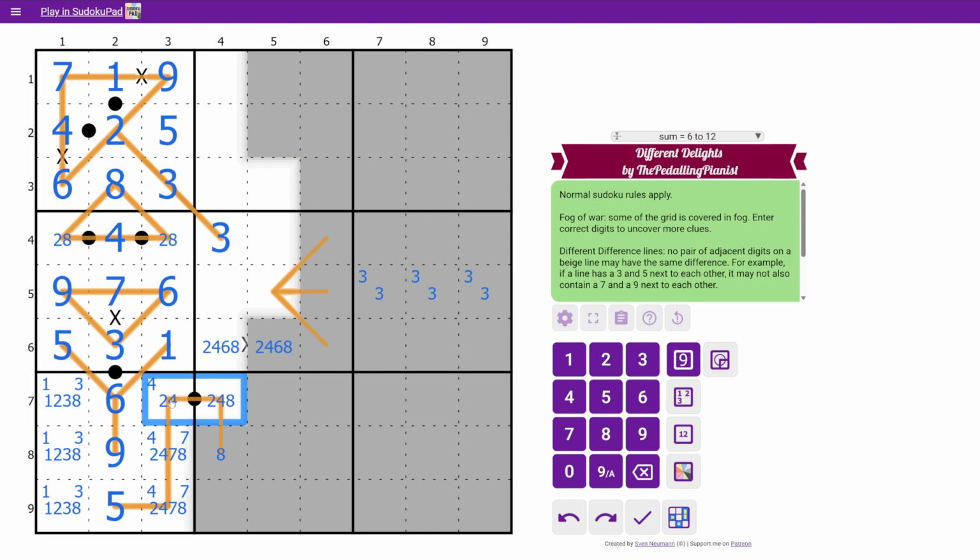Or if it was a 4 8, then now there's a 2 on the line here.